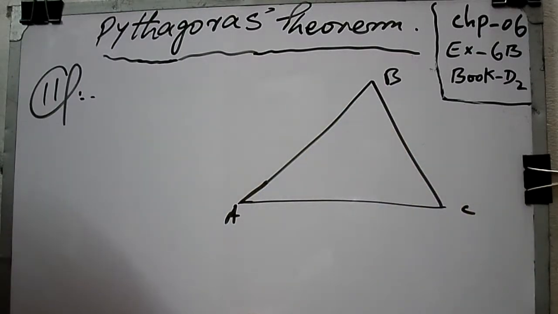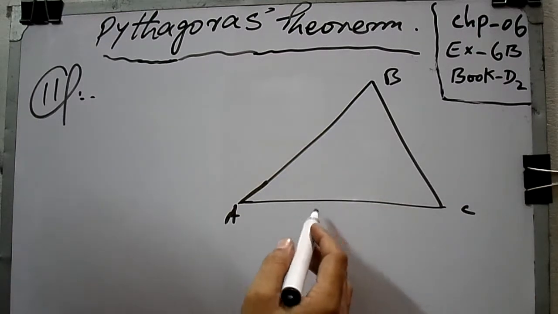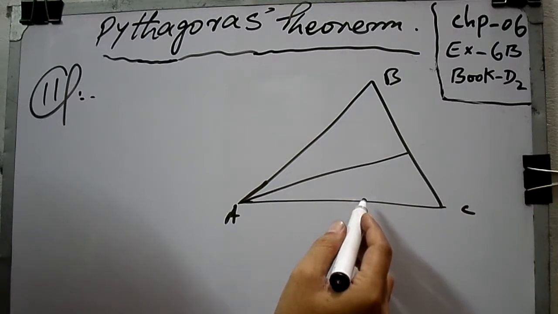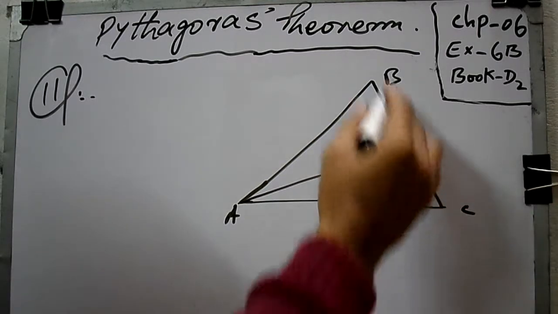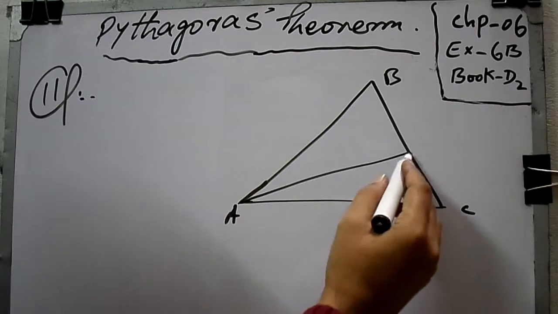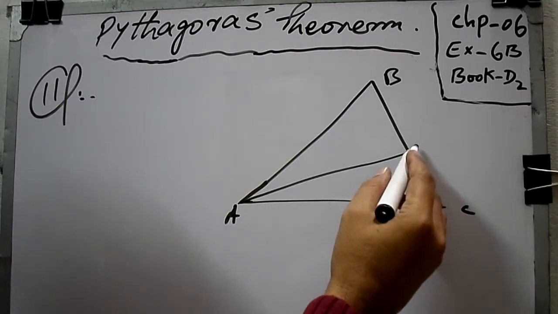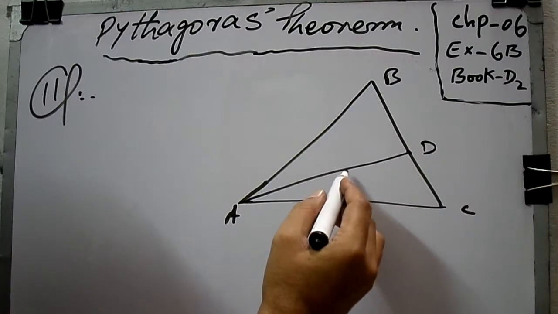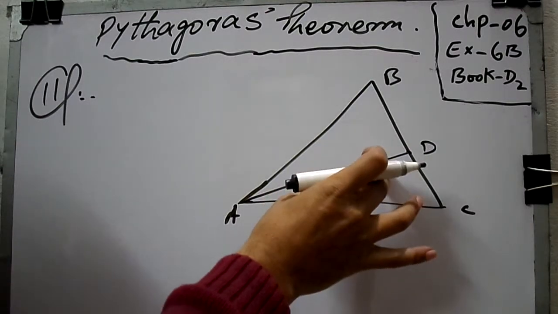Find the perpendicular distance from A to BC. That point is, suppose, D. So we have to find the perpendicular distance AD.